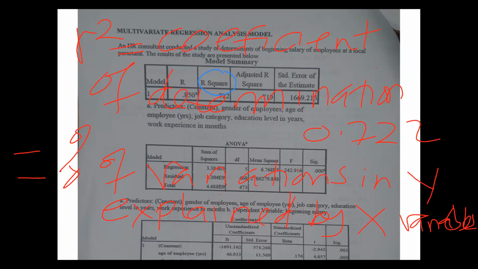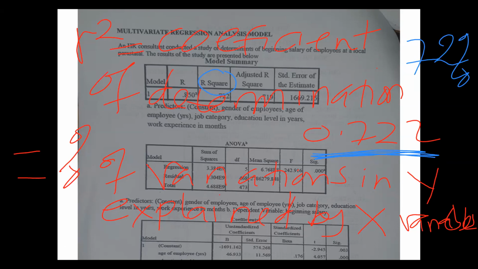So in our context, we have been given that the coefficient of determination is 0.72. When you multiply this by 100, it's 72%. What this means is 72% of variations in a dependent variable.